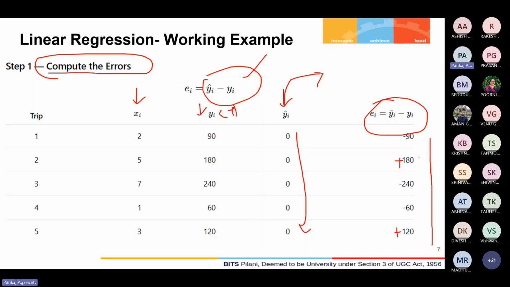Agreed. Can you explain to me how negative is hampering? The overall effect might be zero over here, but each and every value was significant for me. Each of the errors was significant, but the overall significant error was turned into zero. So therefore, whether it is negative or positive, error is error.